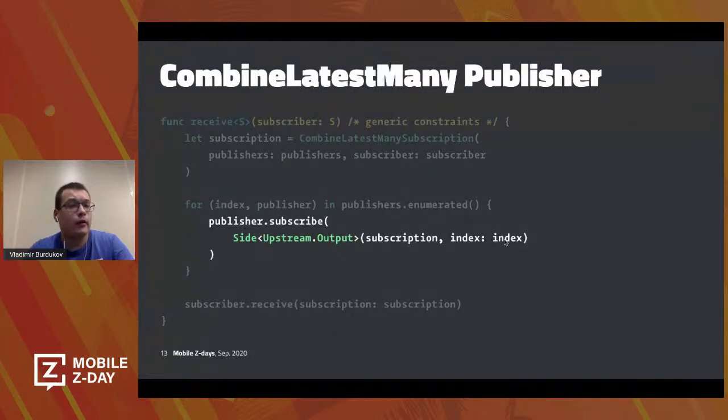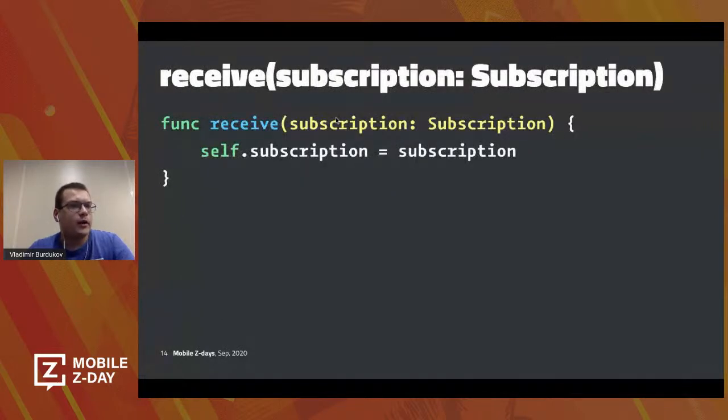And in the end, we need to notify the subscriber that we created this subscription, and if the subscriber wants to cancel it, it can do it with the subscription and the implemented method cancel inside it. Yeah, you remember this method from my blocking subscriber example.